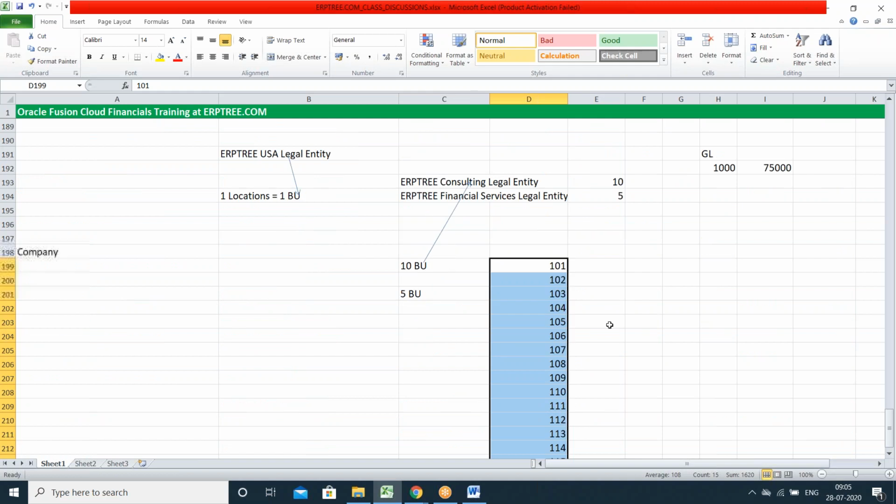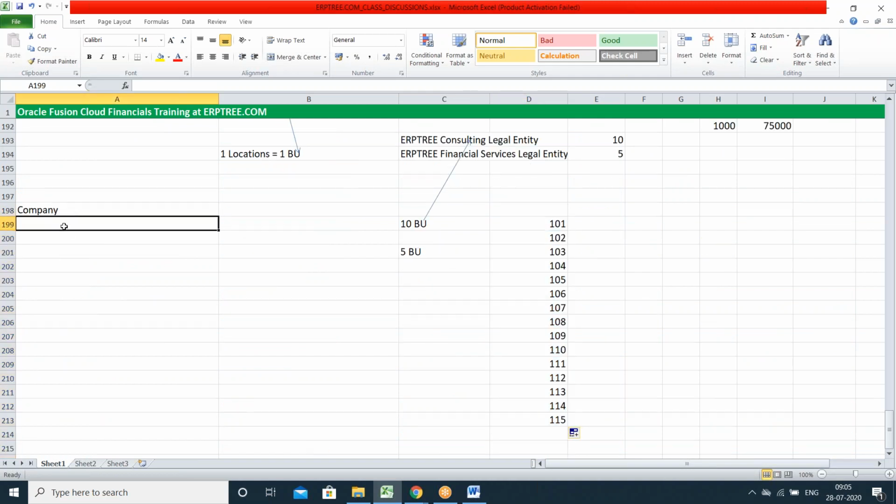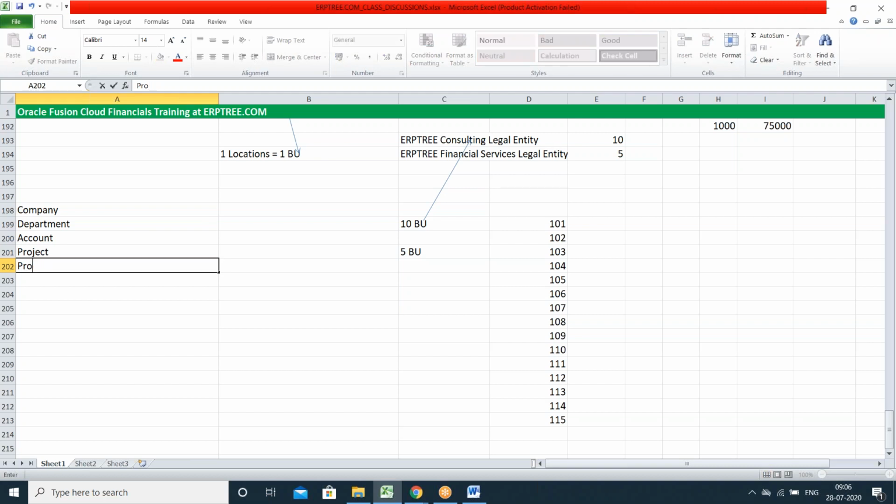Now again, let's talk about chart of accounts. The chart of accounts we discussed, we'll have a company, we'll have a department, we'll have account, we can have a segment called project, product, and if required intercompany.